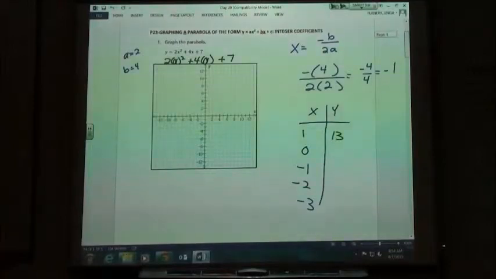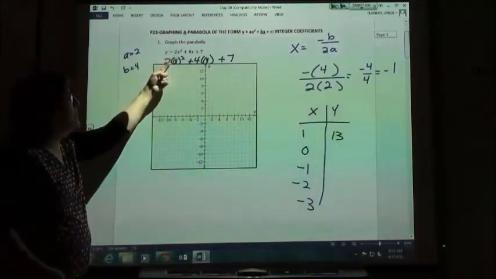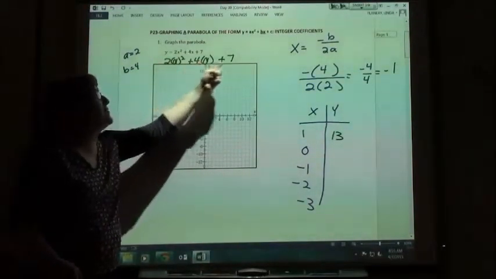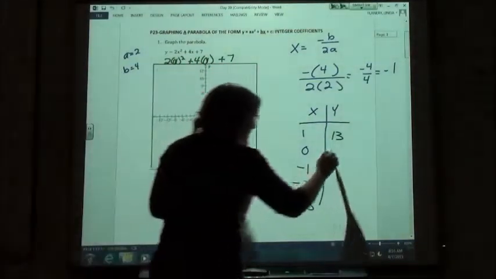Oh, 7. That's what I got. Because if I have this times 0, it's going to be 0, and this times 0 is going to be 0, so I just got the 7 on the end.